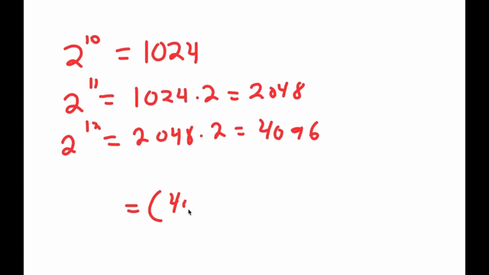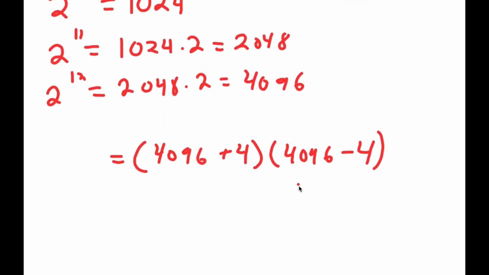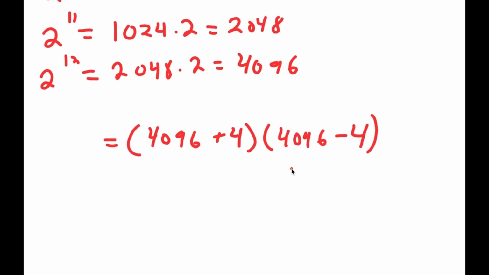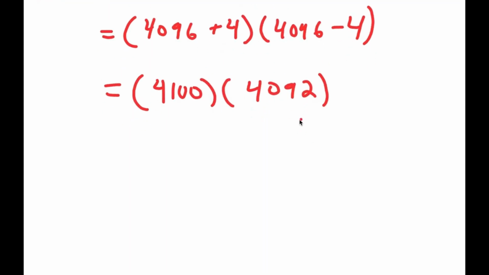So I get 4096 plus 4 times 4096 minus 4. Now from here, 4096 plus 4, that's equal to 4100. And 4096 minus 4 is equal to 4092. So I get 4100 times 4092.